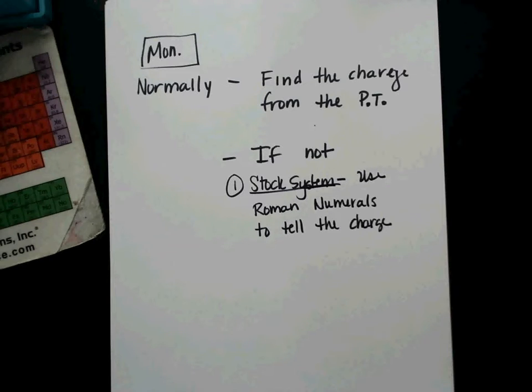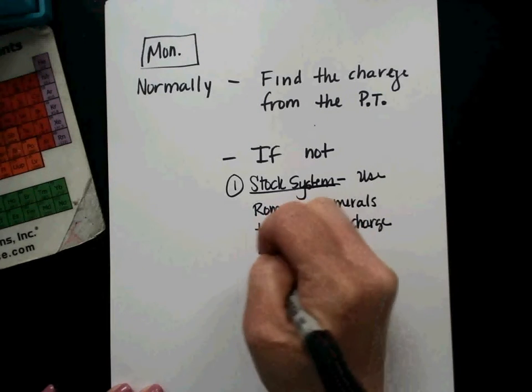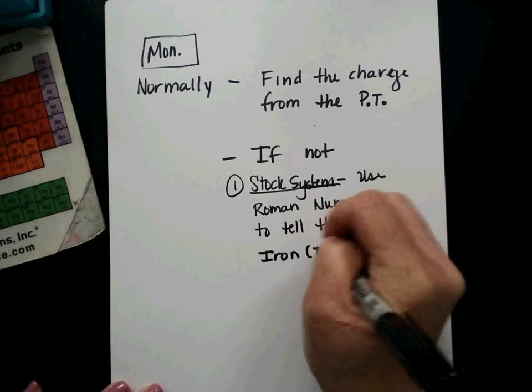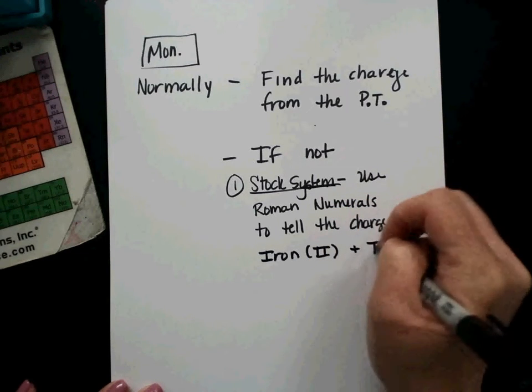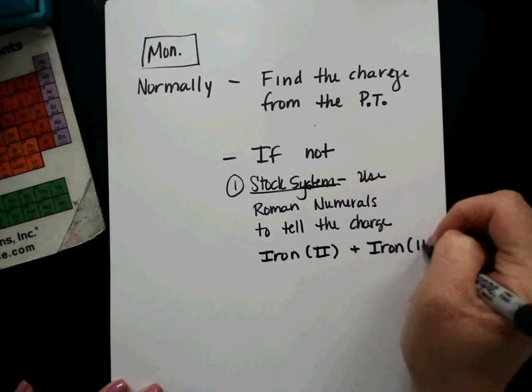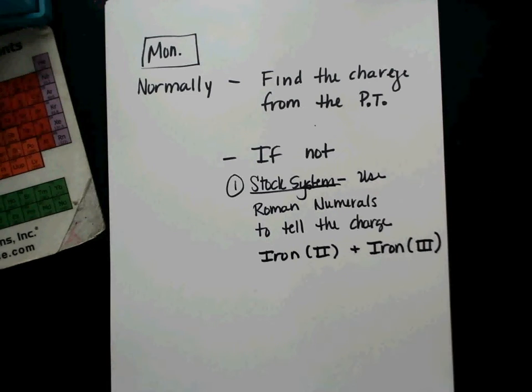Out of your cards, find iron 2 and iron 3. So I ask you to find iron 2, that's the way that would be written, and iron, I'm using Roman numerals, 3.